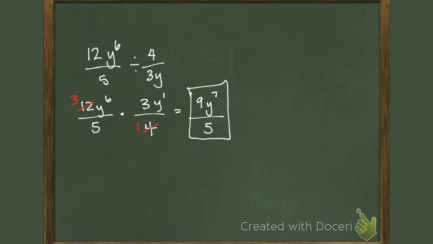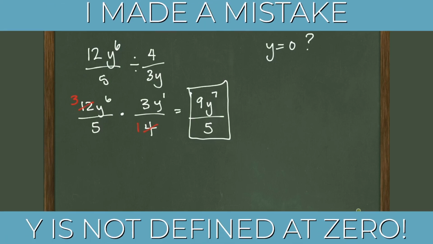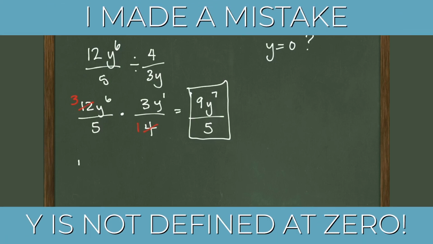Now for this problem, let's talk about this for a second. Is this problem defined at y equals 0? Can y equal 0 for this problem? Well, if I plug in 0 at the very beginning, and I do the whole keep, change, flip thing, I will end up getting 0 over 5 times 0 over 4.